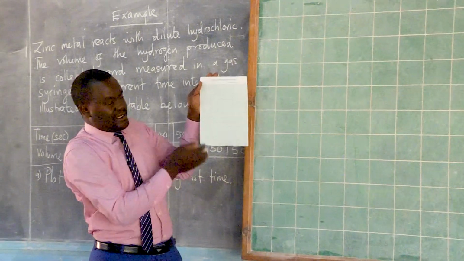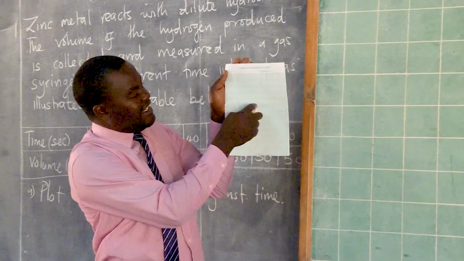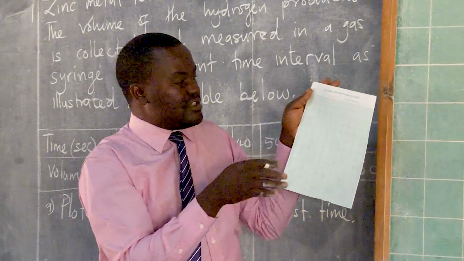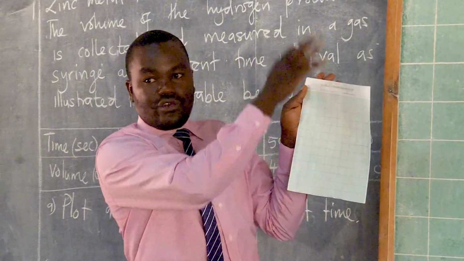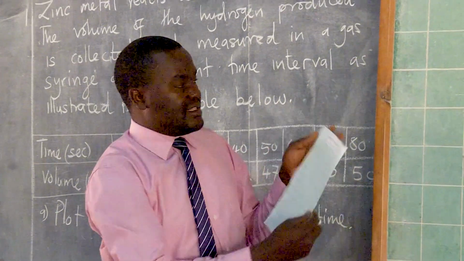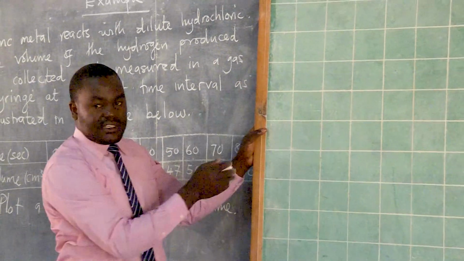Along the y-axis, it has 1, 2, 3, 4, 5, 6, 7, 8, 9, 10, 11, 12, 13. This one has 13, but those which come from ECZ, they have 12. 12 against 10. Are we together? Yes. So, you leave at least one box.